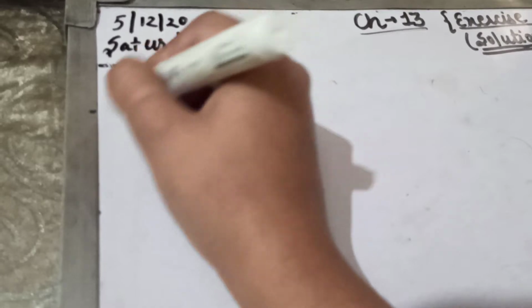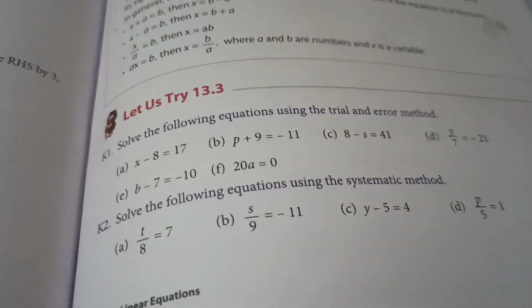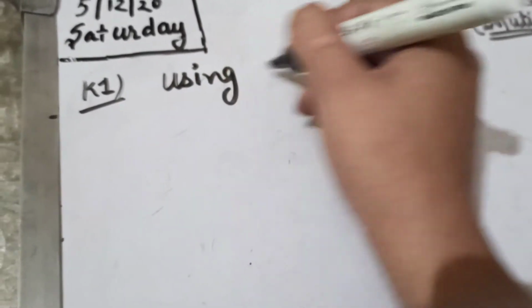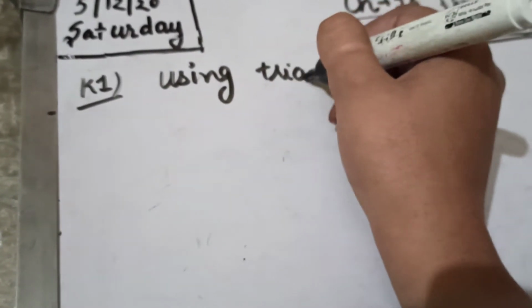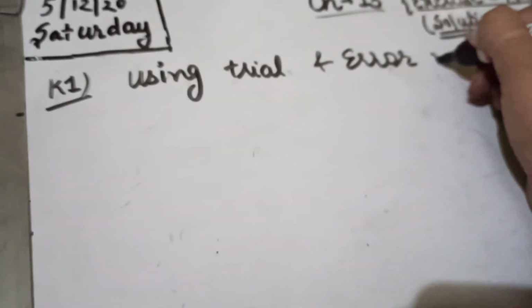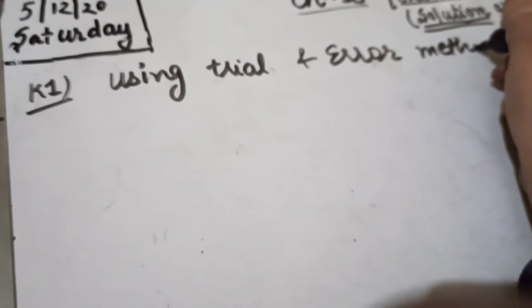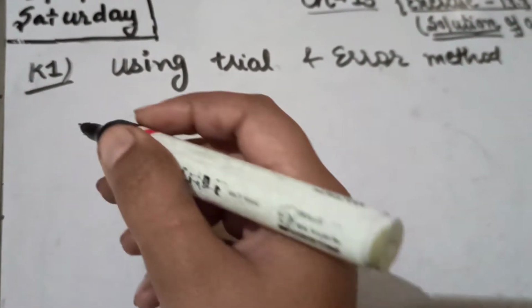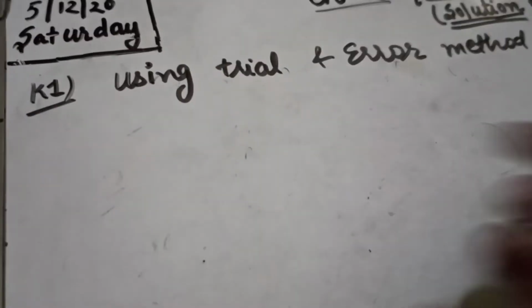So K1 is: solve the following equations using the trial and error method. So here it is given above, using the trial and error method. So what do we learn in this method? We can solve directly, like a: x minus 8 equals 17.